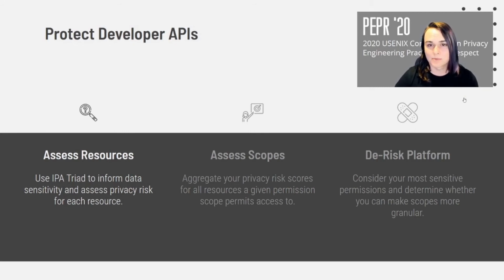And this is a great opportunity to review other risks as well, like financial or operational or abuse. And once you've done that, you can pretty much just generate a spreadsheet formula to calculate your aggregate risk sensitivity across resources to really tell you what a permission scope's risk is.